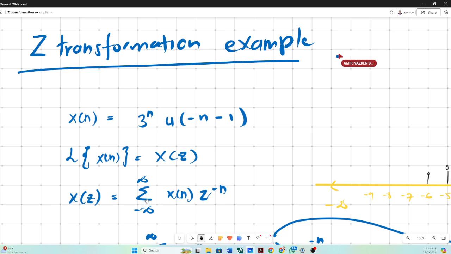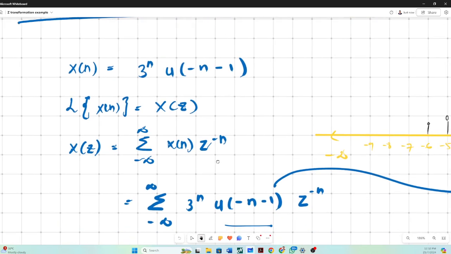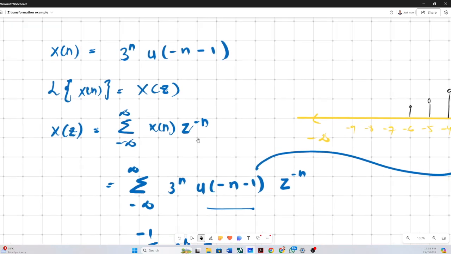For the Z transform, we do the summation from minus infinity to infinity of x[n] times z^(-n). So we copy back the sum from minus infinity to infinity, and we put x[n] equal to 3^n u[-n-1].